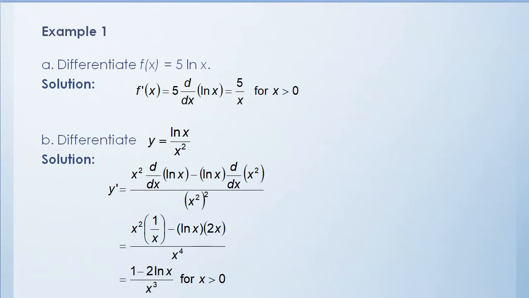So x squared, we didn't do anything, we put back. Differentiate ln x, we get 1 over x, minus ln x, we didn't do anything. Differentiate x squared, we get 2x. Therefore, we can simplify and we can get 1 minus 2 ln x divided by x power 3.